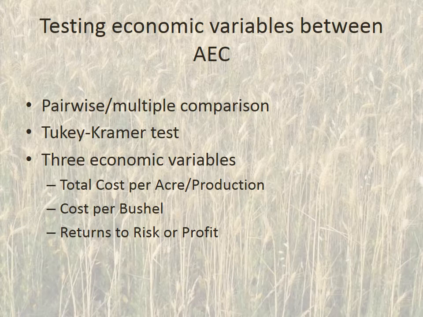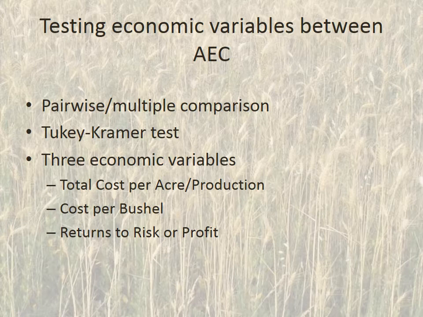So I did a pairwise comparison, or multiple comparison. A very common one is Fisher's LSD. I didn't use Fisher's LSD. I used the Tukey-Kramer test. It's slightly more conservative and it allows for unequal group sizes. I didn't have the same number of respondents in each class.